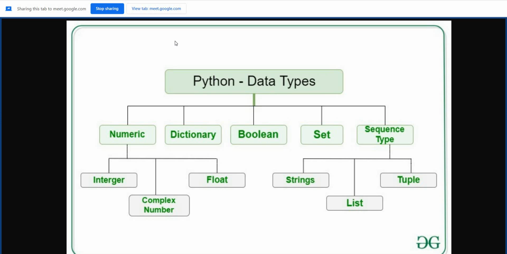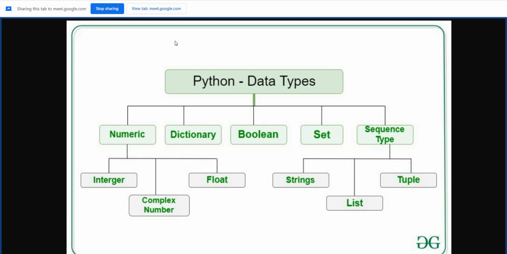Set deals with curly brackets, as dictionary also deals with curly brackets. Curly brackets, in the sense, I will show you when I open the code. Next, set, it goes with all the collection of data, 1, 2, 3, 4, 5, something like that, but starts with curly brackets, ends with curly brackets. Sequence data types, it is something having index and that goes in some row or range, in an ordered way.